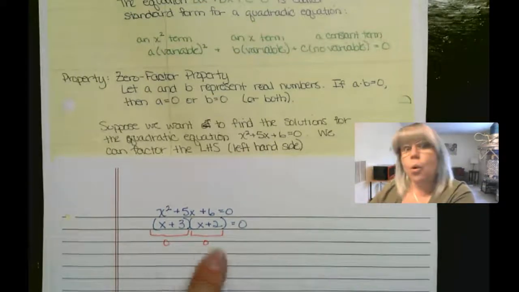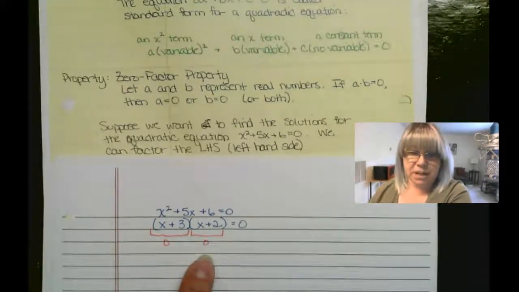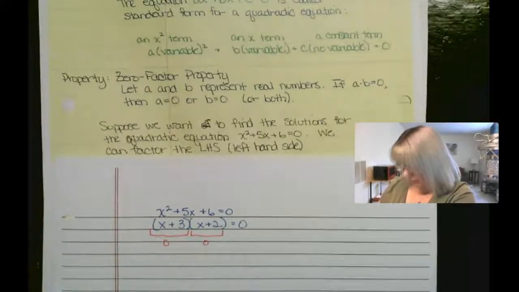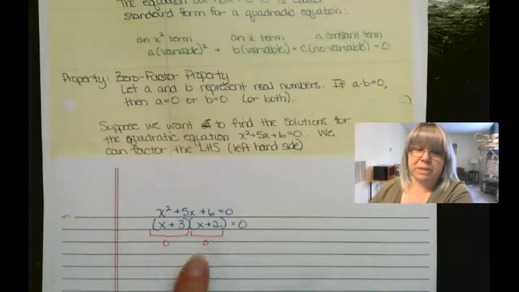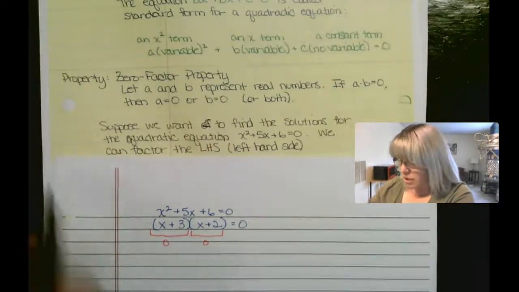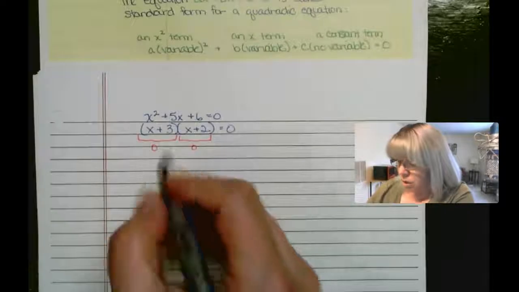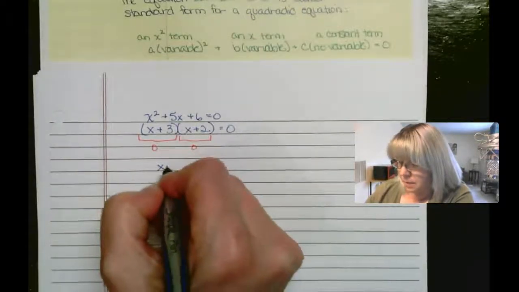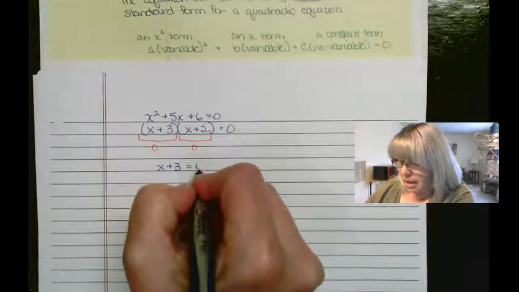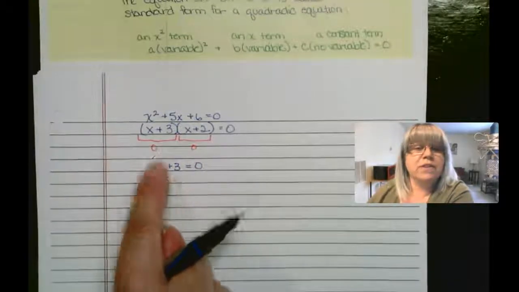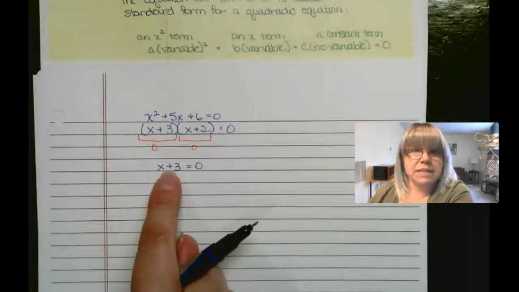And of course, if both of them are 0, that's going to make it true. Very rarely will we have something where both of them are 0. So here's what we do. To use the zero factor property, I will break them up and see what is the value for the first factor that forces it to be 0.